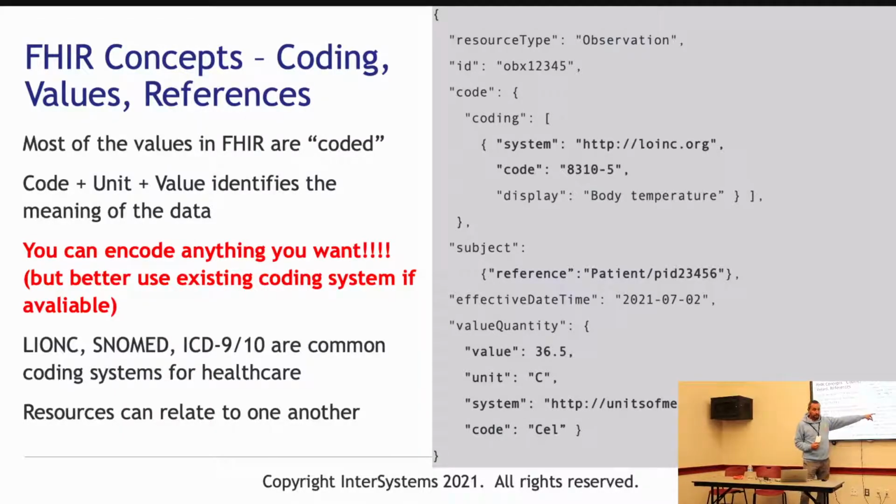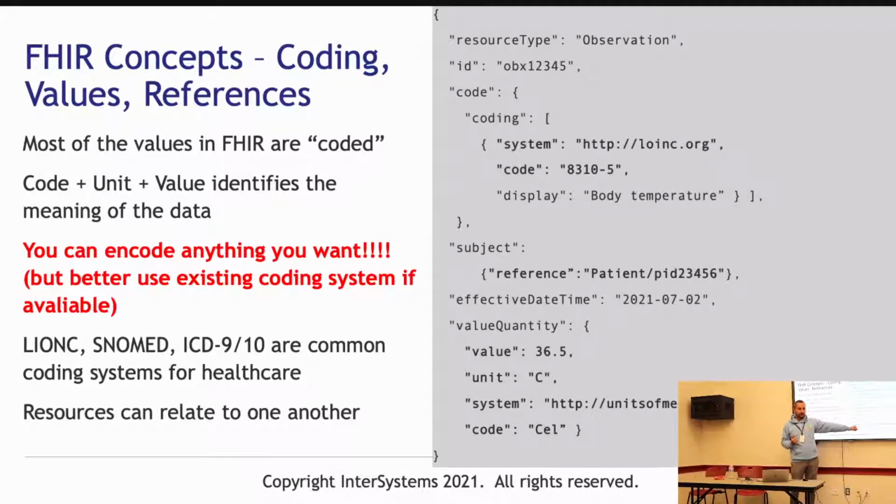And the value is again encoded. We know it's 36.5, but it's not just 36.5. We know that it's a body temperature in Celsius. If we change it to Fahrenheit, it will be somewhere around 100.